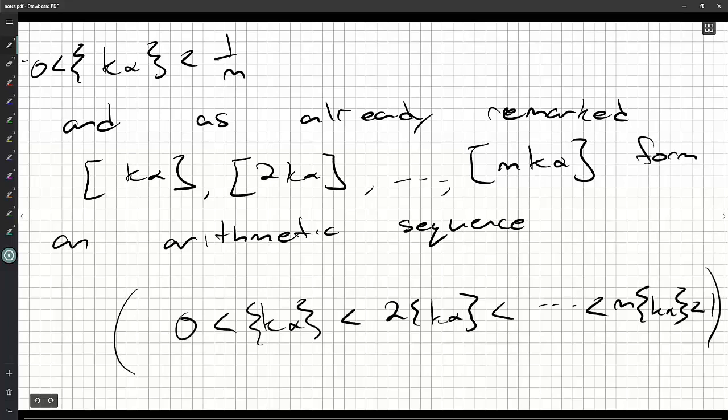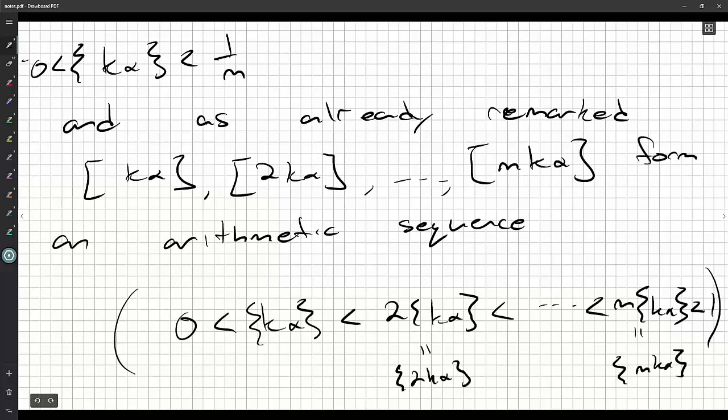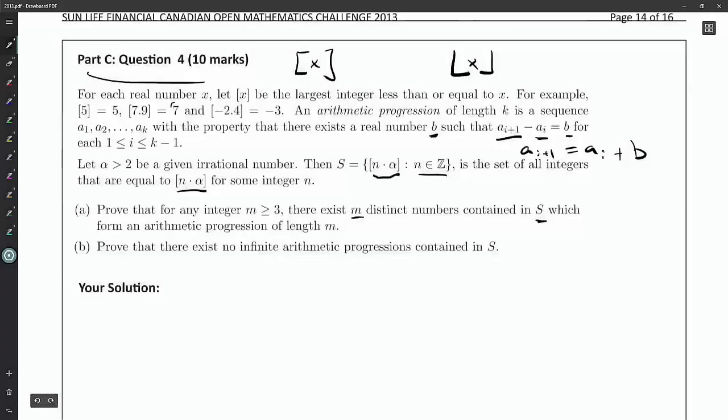Okay. So there we go. So the fractional bits here, this will be 2k alpha, and this will be mk alpha, because it doesn't overrun and then lose an integer part or anything like that. Okay, so there we go. Got an arithmetic sequence plus a little bit of extra explanation at the end there that I don't think is really necessary. So that was a part.